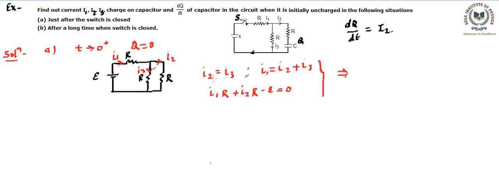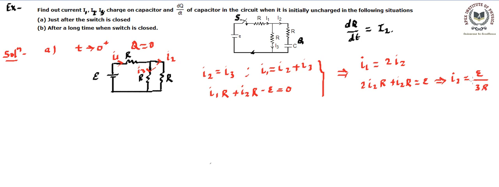Using the first two, we can write I1 is equal to 2 times I2, and if we place the value of I1 in the third equation, this becomes 2 times I2 R plus I2 R is equal to E, which ultimately leads to 3 I2 R equal to E, so I2 is E divided by 3R.